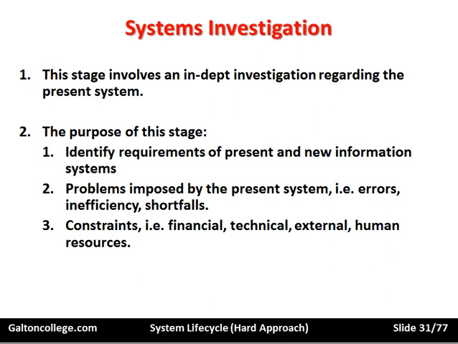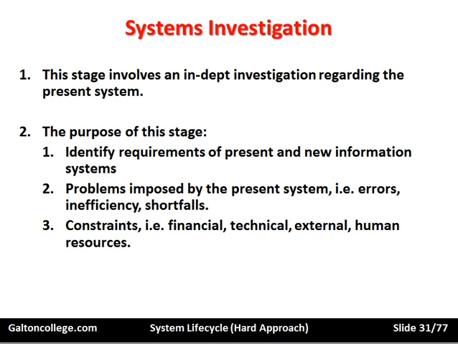And what are the constraints within this system? For example, the financial, the technical, the external. The external could be the legal ones that we talked about in terms of feasibility. It's not just a question of developing a new system. It must be acceptable, as I said earlier, in terms of feasibility, but it must also be legal.